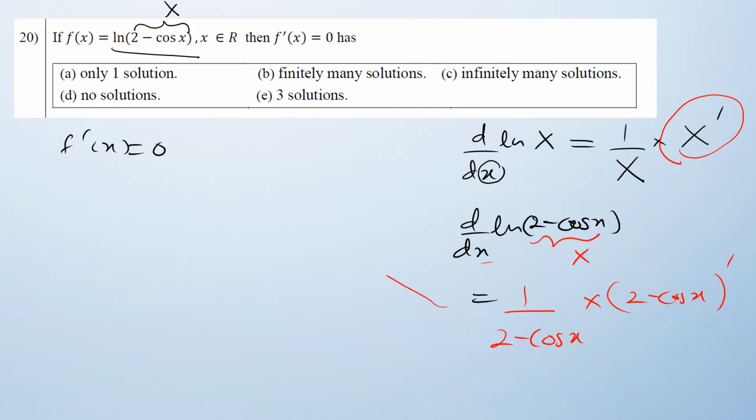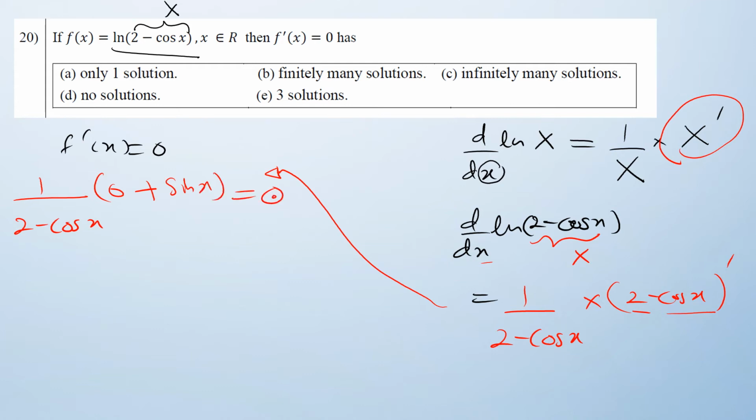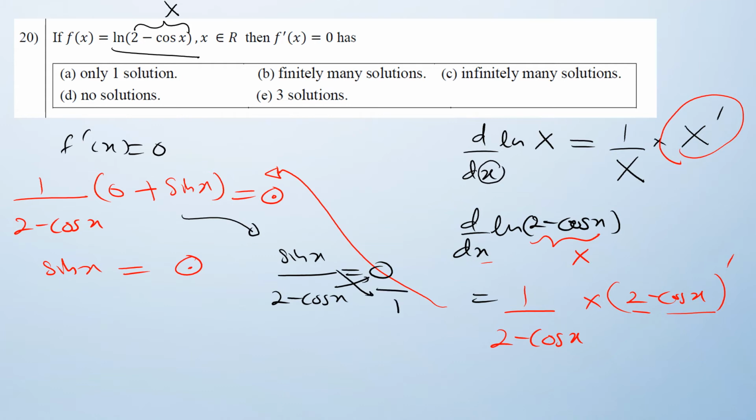So you can simplify this and substitute it here. We have 1 over 2 minus cos x times the derivative: the derivative of 2 is 0, and the derivative of cos x is minus sin x, which makes it positive, so we have sin x equals 0. That is sin x over 2 minus cos x equals 0. By cross multiplication, sin x equals 0.